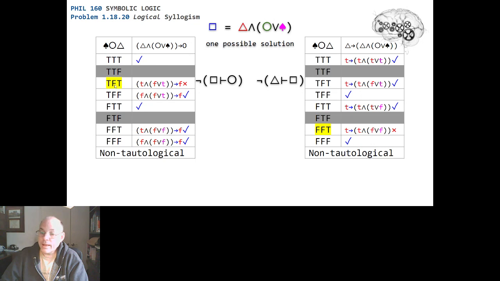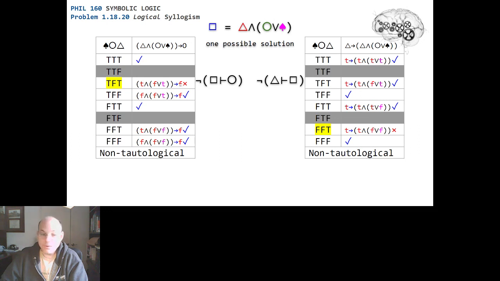So if we look at the cases where the value of spade matters, and where we're looking to get a false value in order to meet the requirement, in the TFT case for the first non-tautology, we can see that the value of spade is true, which drives the overall or value to be true, combined with the left input of the conjunction being true, gives us the antecedent itself true, feeding into an only if false.